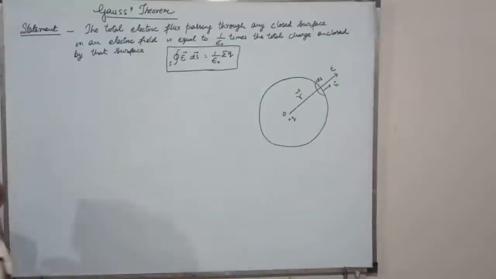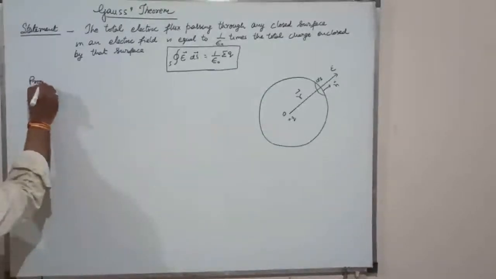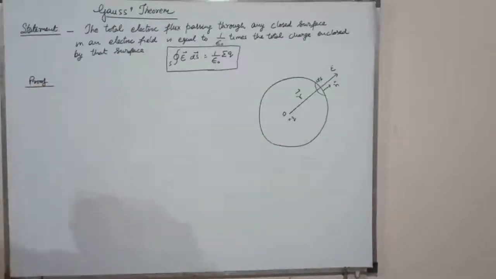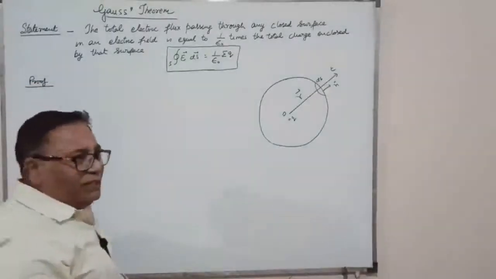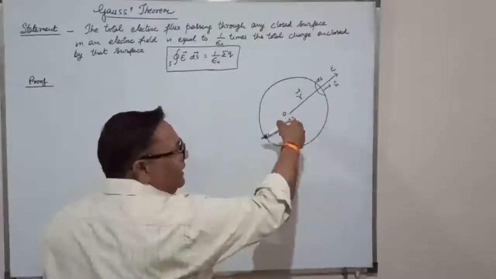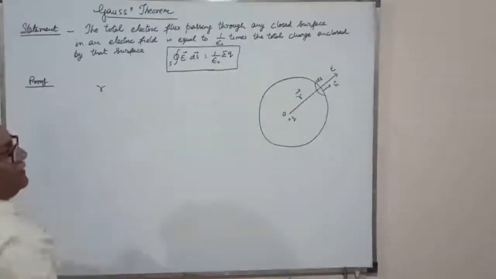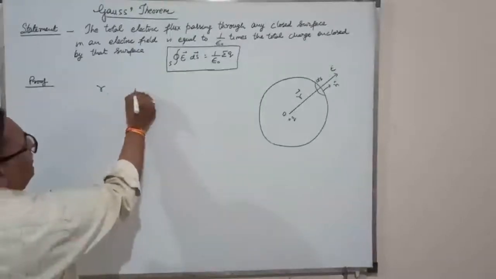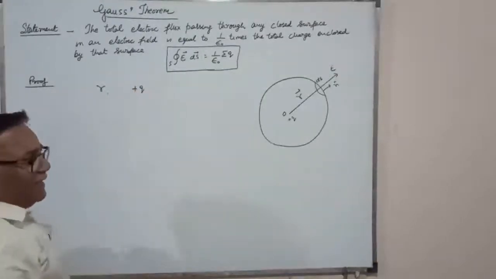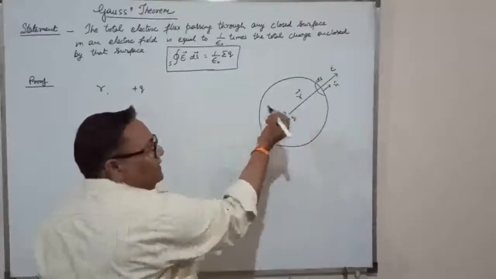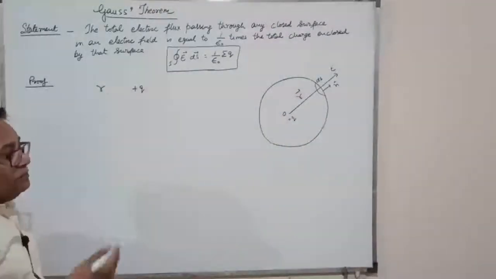And the second part, proof of Gauss theorem. Let us consider a spherical shell of radius r, and plus q charge is kept at its center. Clear?